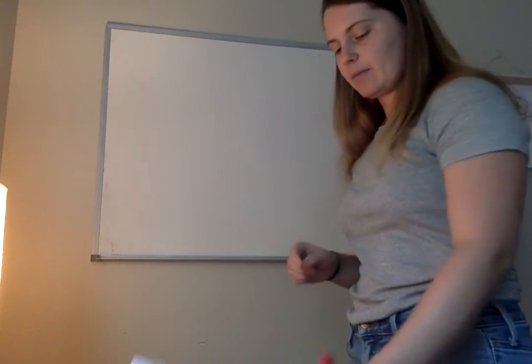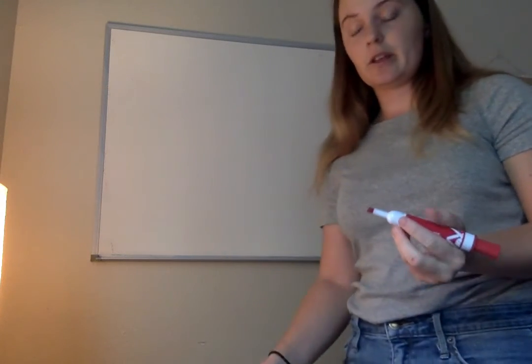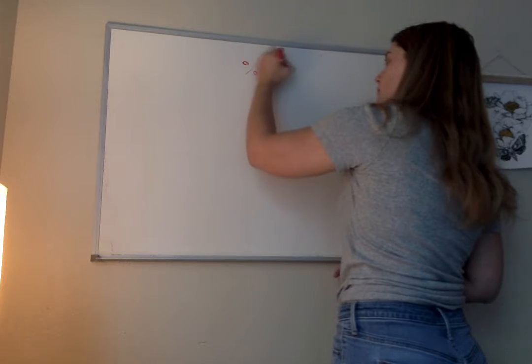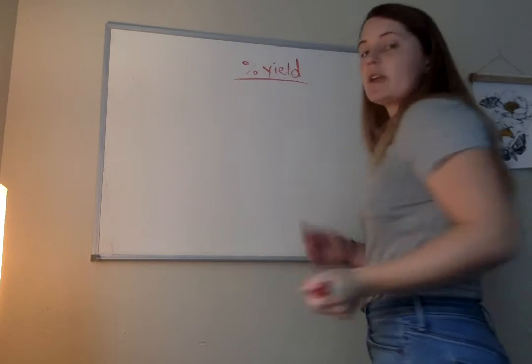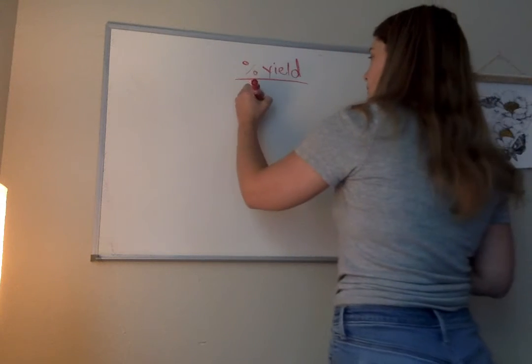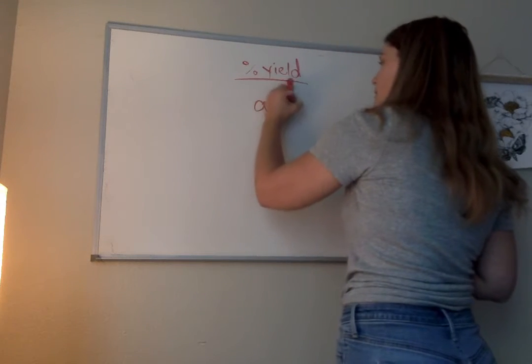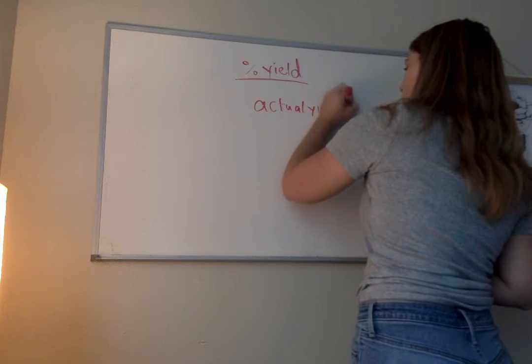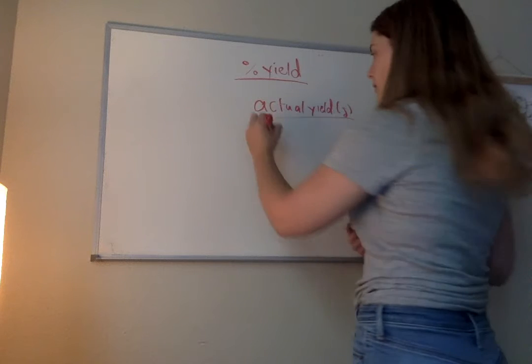And the next key part that I'm going to talk about is calculating the percent yield. We calculate percent yield differently than percent recovery. So what we'll do is we'll put the actual yield over the theoretical yield.